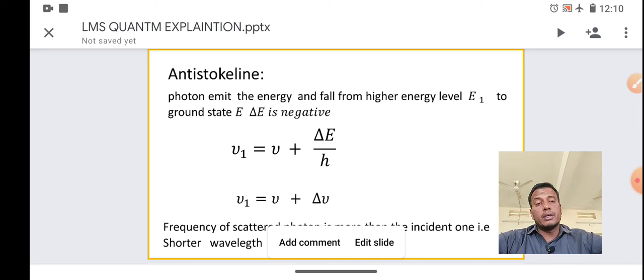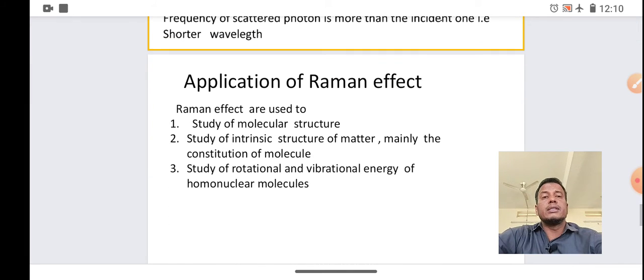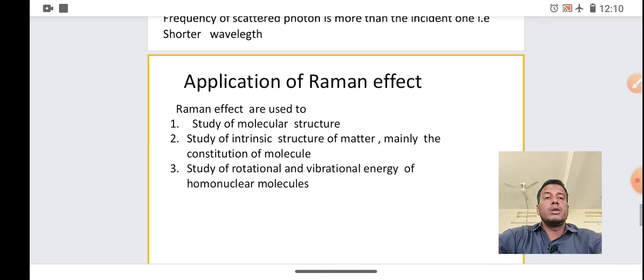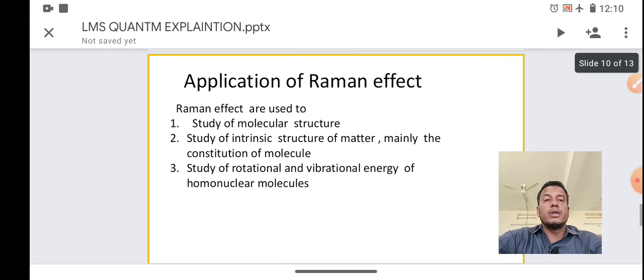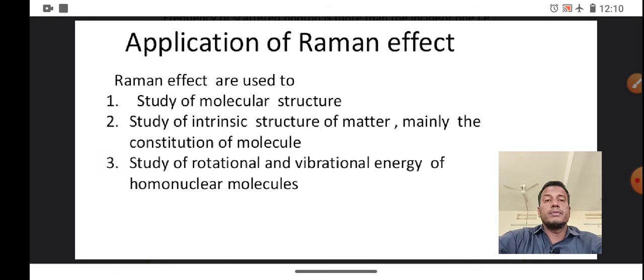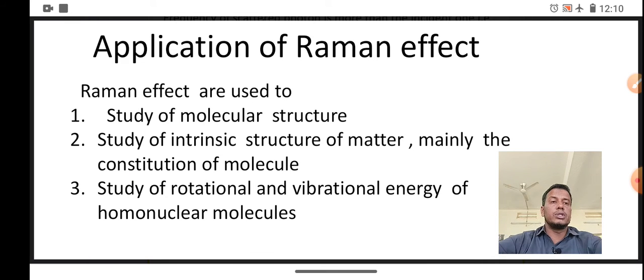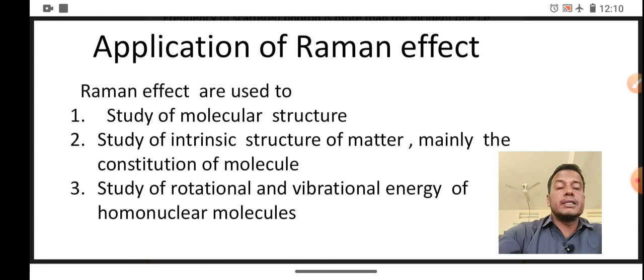Nowadays the Raman effect can be used in various ways. It is very useful for the study of molecular structure and molecular spectra, how atoms in a molecule are arranged.